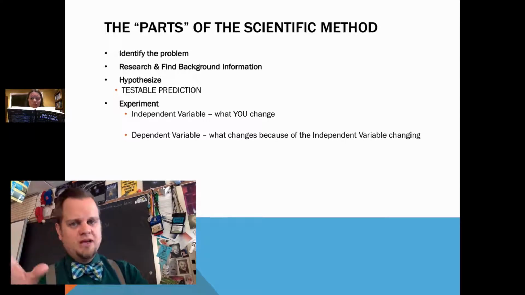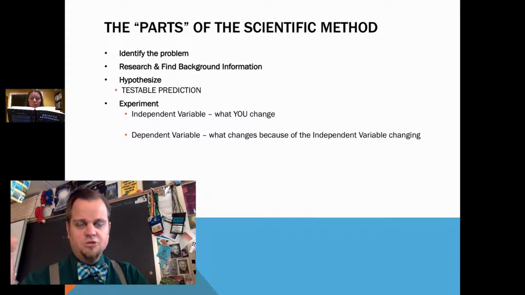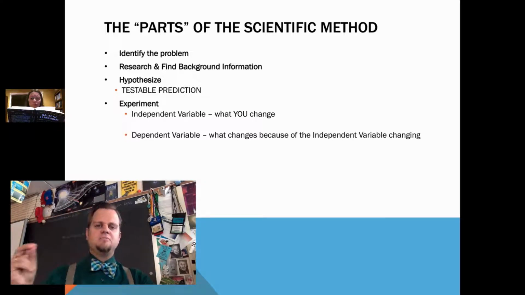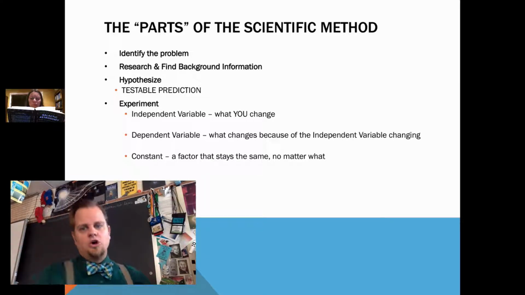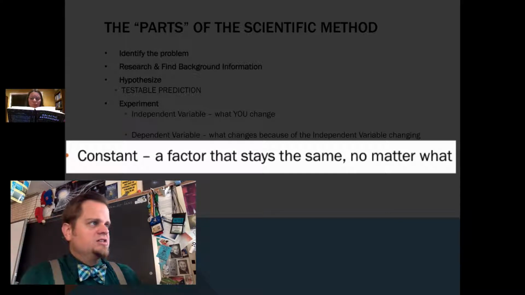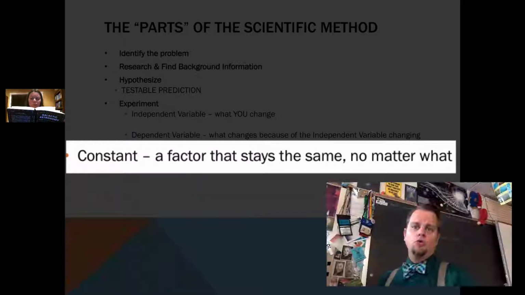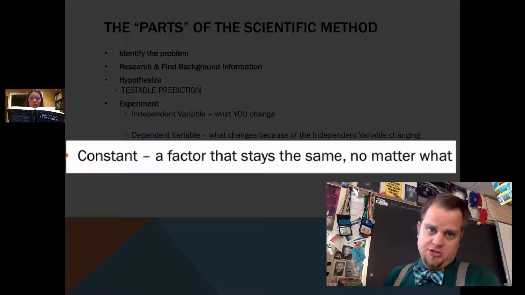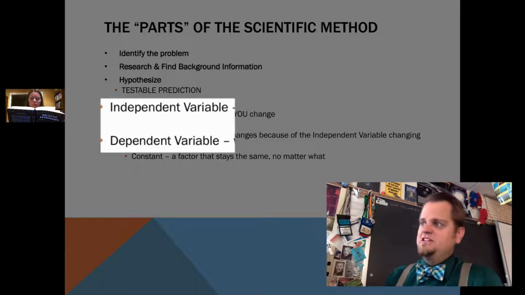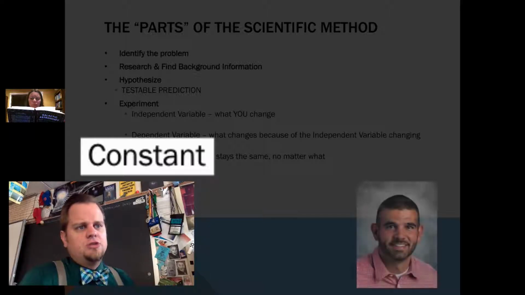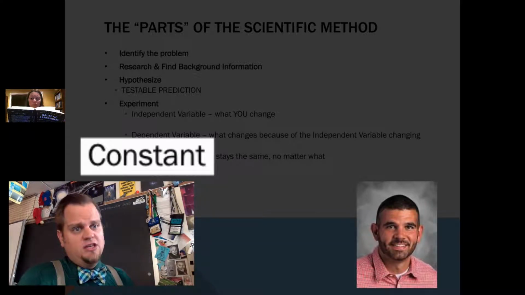But in any experiment, you can't just have variables and variables and variables. You have to keep some things the same. Those are what we call constants. A constant is a factor that stays the same no matter what. The only things that should change in your experiment are the independent and dependent variable. Here, Mr. Dorsheimer, I should be hitting him the same way each time, not his shoulder one time and his torso the other time.